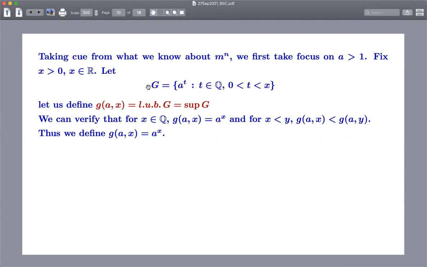Now we can argue that this set is bounded above and is non-empty. Both these properties you can show.